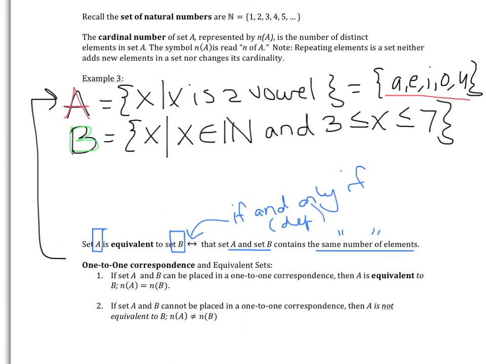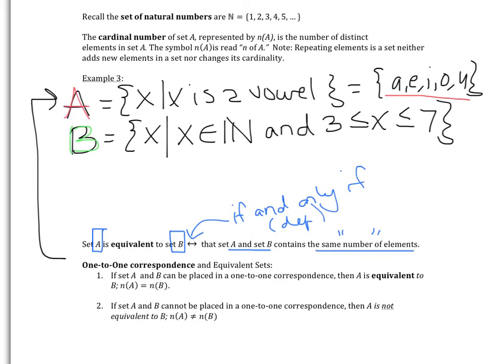And set B, let's make it in maybe green. Set B is the set of all, again, objects, elements, members, all the numbers, such that there are two restrictions: x is a natural number, and the natural number is between 3 and 7.